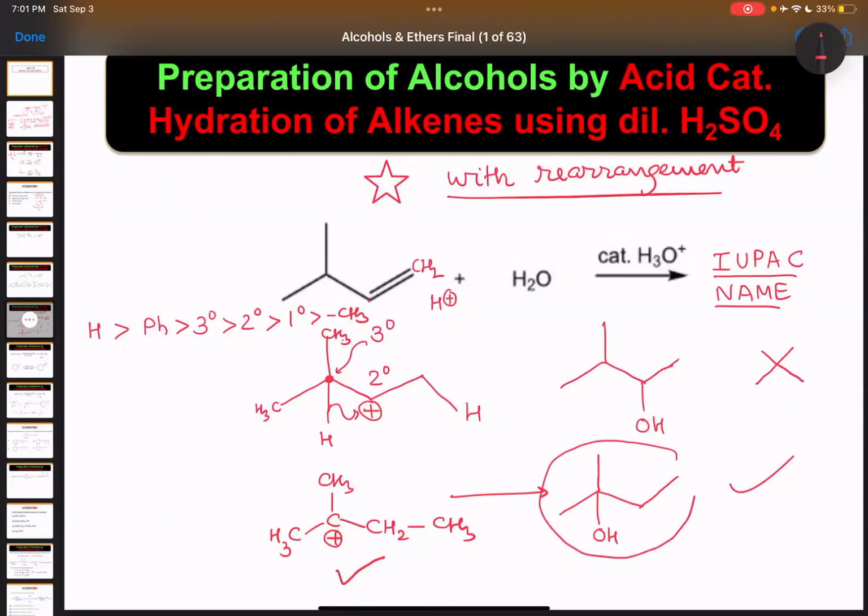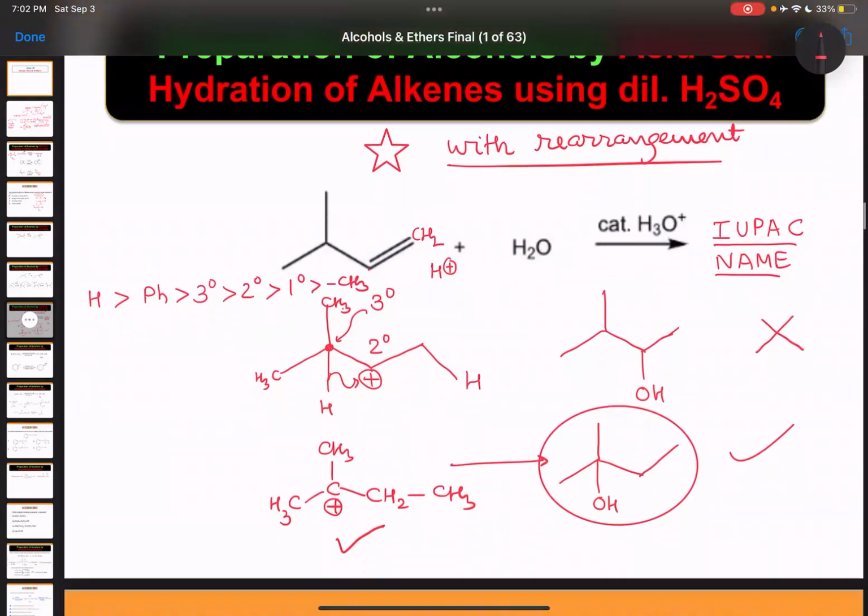So the IUPAC name is 2-methyl-butane-2-ol. I was asking, suppose I ask you to do the same Markovnikov addition, but do something so that we don't have rearrangement happening. So Vamsi, Memuna, can you tell me the method?